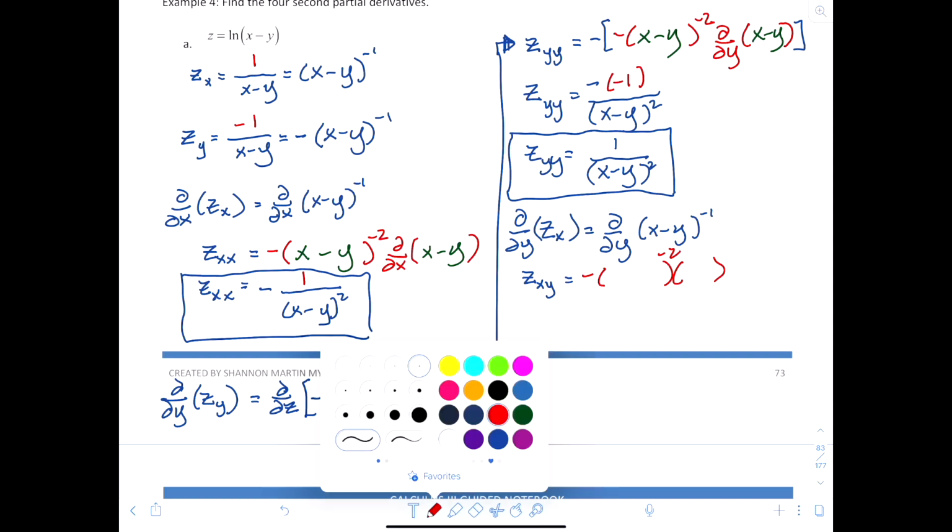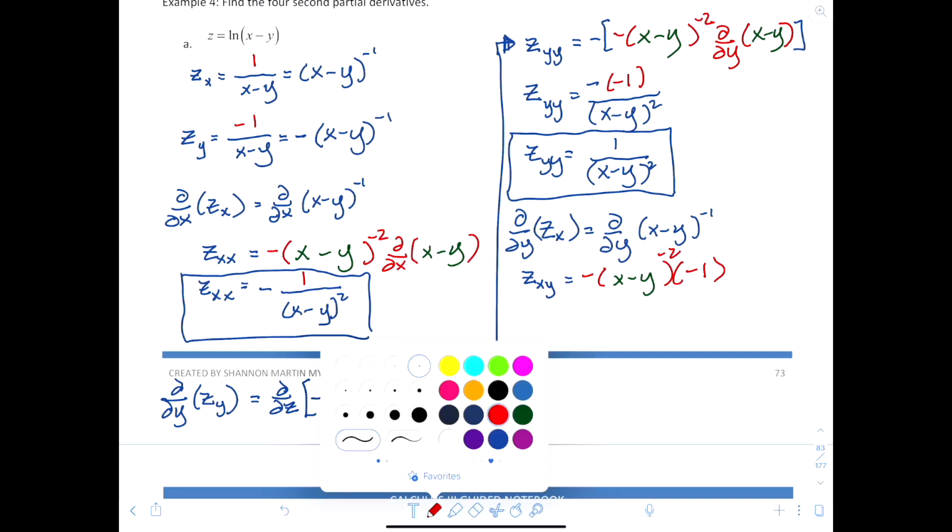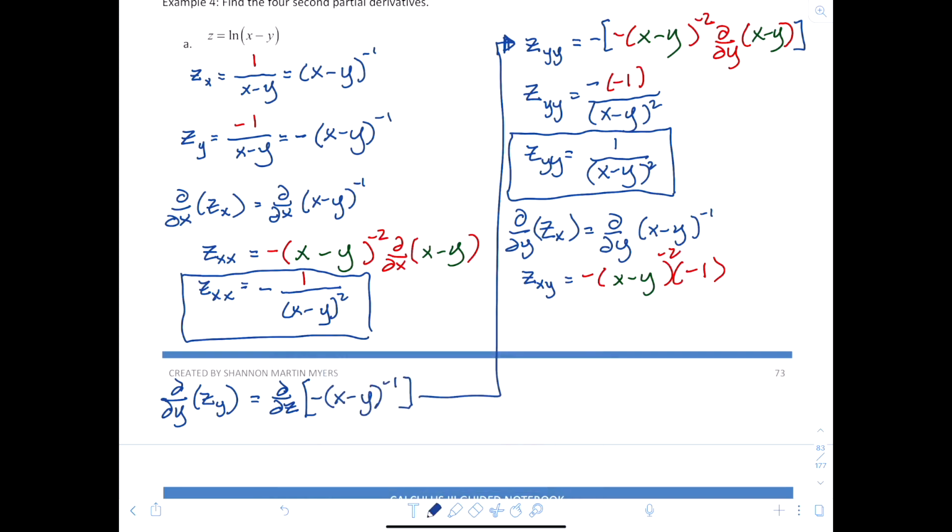Our something is x minus y. The derivative with respect to y of x minus y, the first partial, would be negative 1, right? So it turns out that z_xy is equal to 1 over x minus y, the quantity squared.